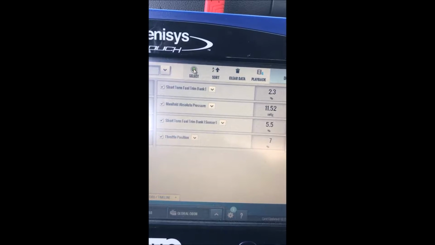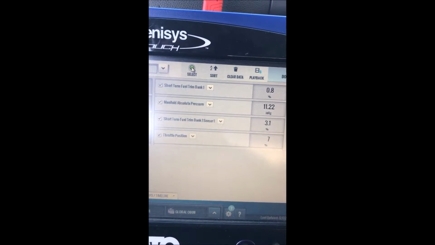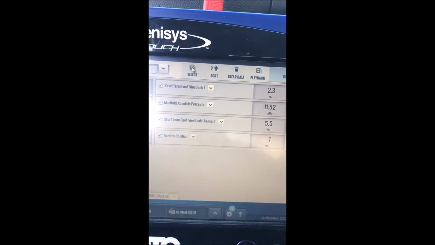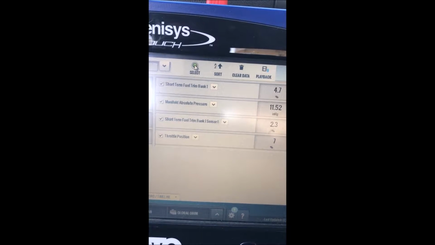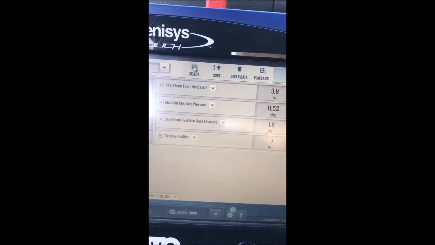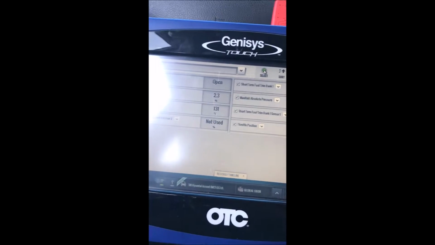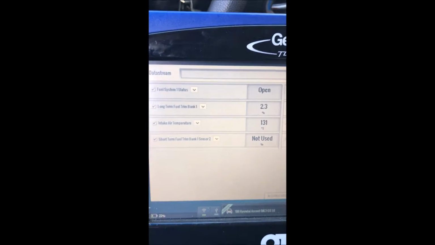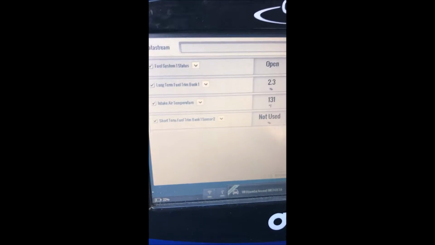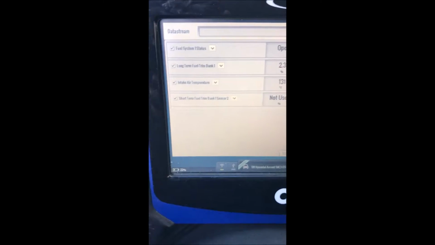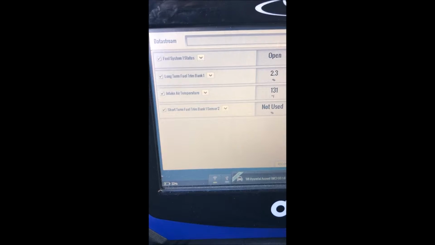Over here we've got short-term fuel trim, manifold absolute pressure. We've got another short-term fuel trim reading, and we've got the throttle position. Alright, starting off, fuel system status, the open and closed loop status. Open loop is pretty much for when you first start your car up.